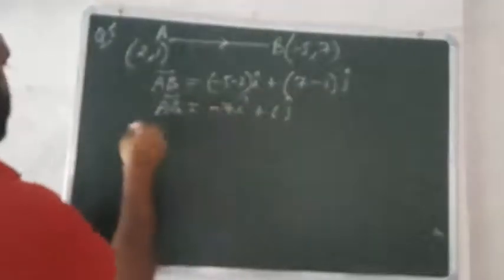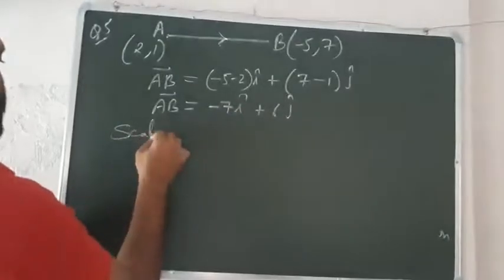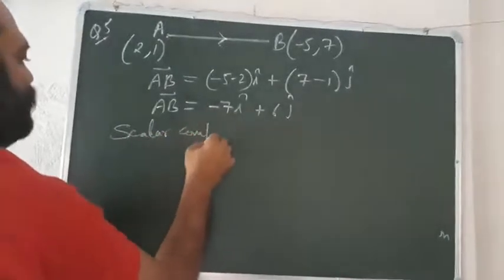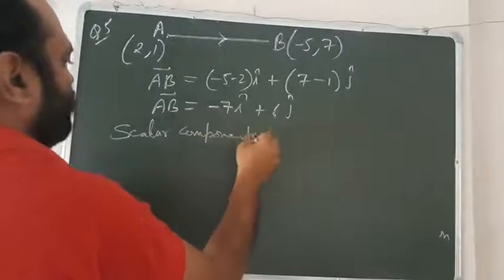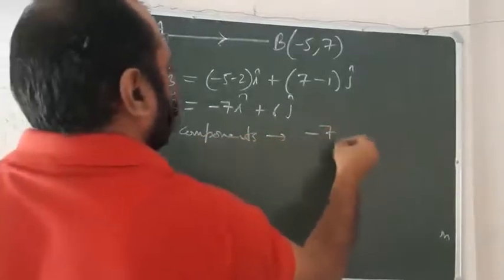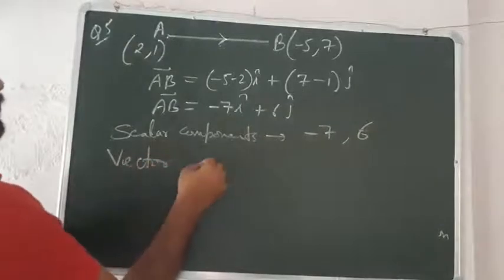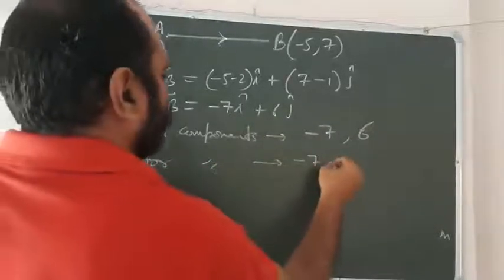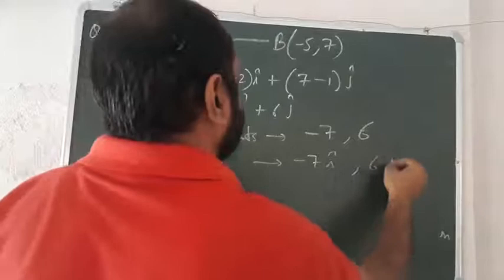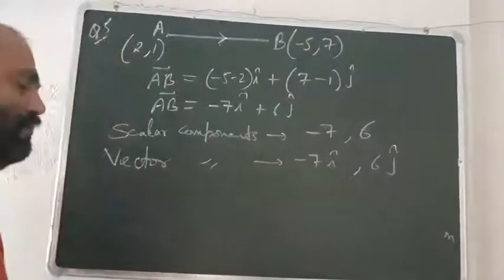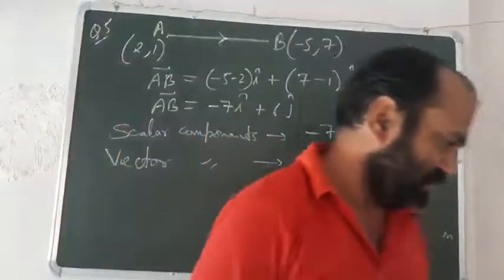So the scalar components will be -7 and 6, and the vector components are -7 i cap and 6 j cap. So these are the vector components and scalar components.